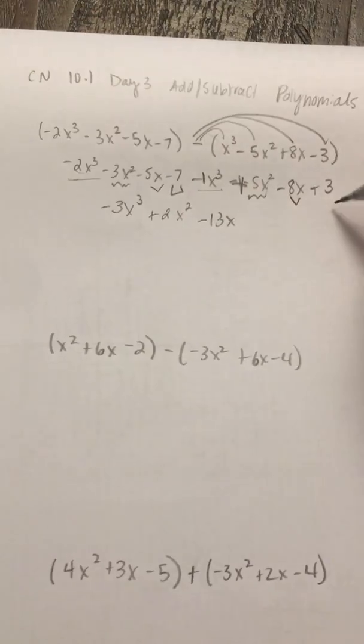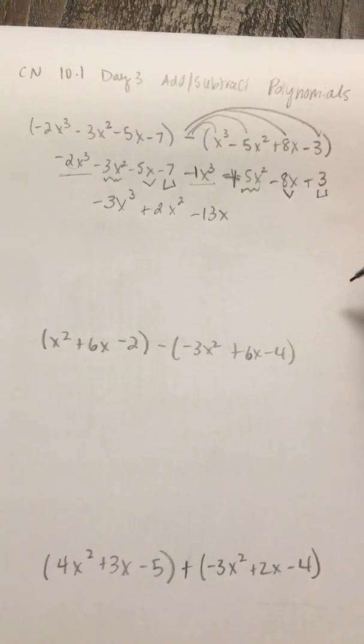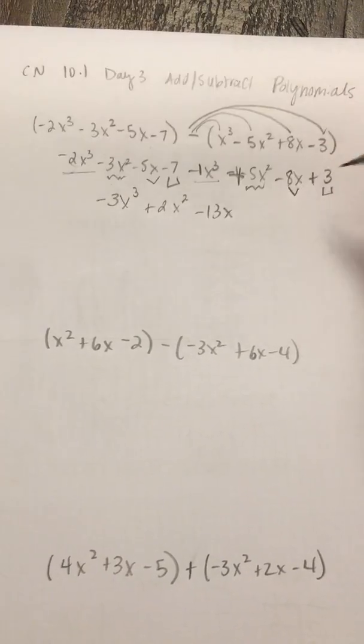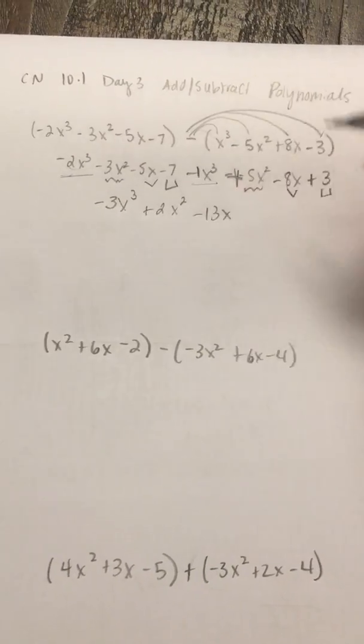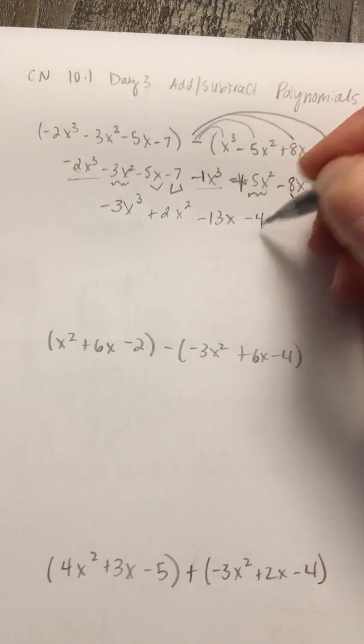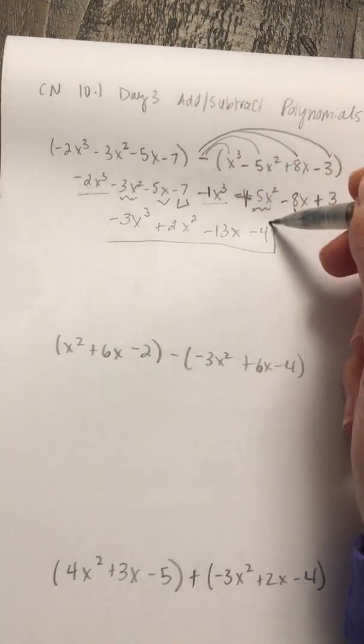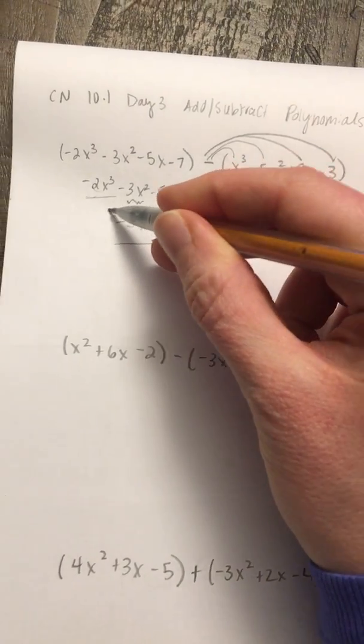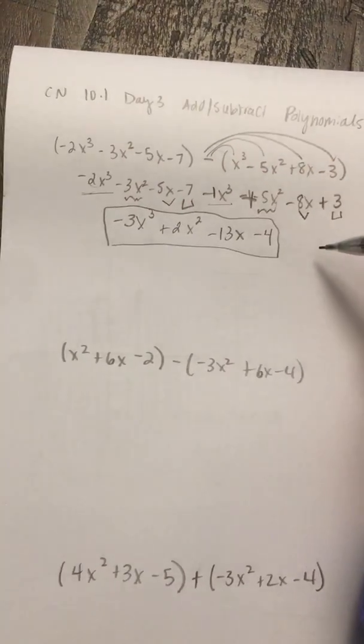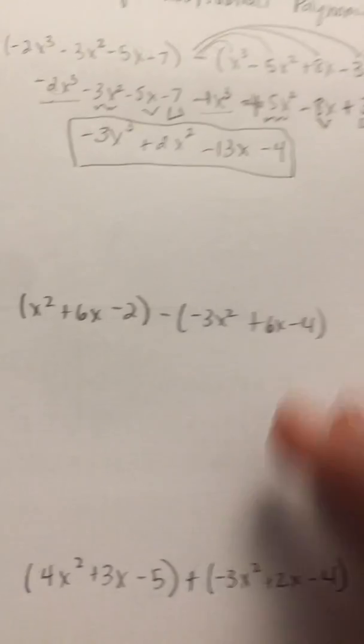Negative 7, constant, positive 3, those are called the constants, that is a plus. And so different signs, subtract, keep the sign of the bigger, negative 4. Now we can't put any of these together because these are not like. Like terms have same letter, same exponent. Final answer, we've just subtracted the two polynomials.